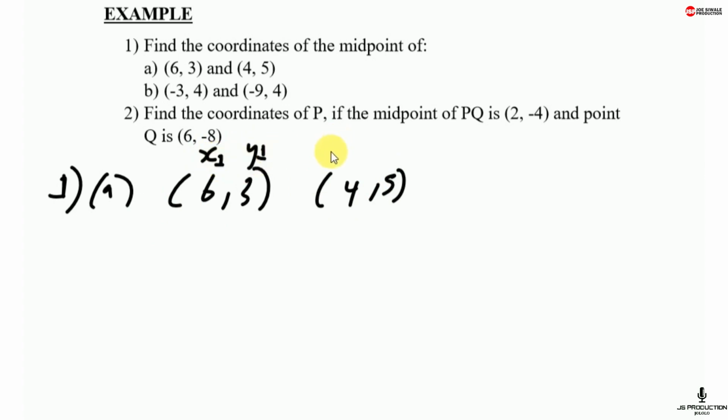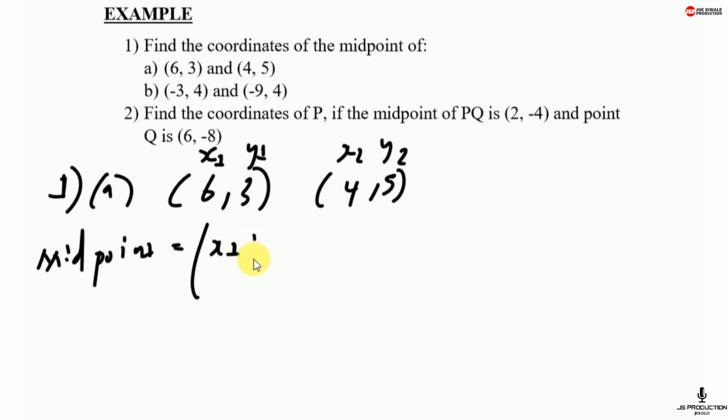I'm also supposed to indicate my x2 and my y2. After I've done that, I'm going to write down the formula. I know that midpoint is equal to x1 plus x2 divided by 2, comma y1 plus y2 divided by 2 there.